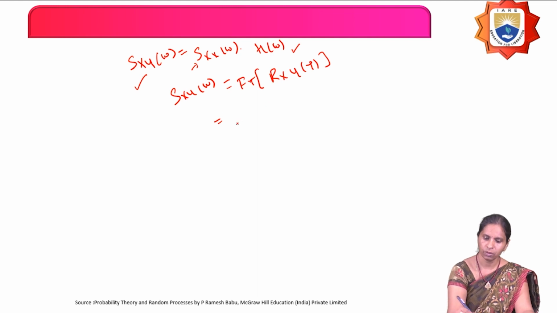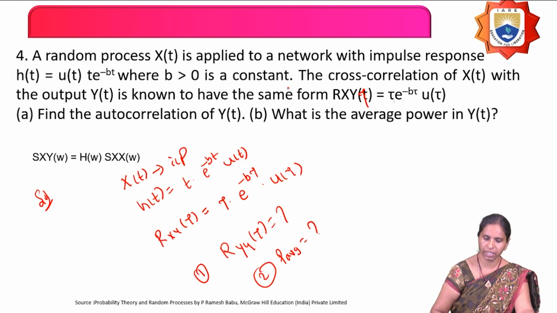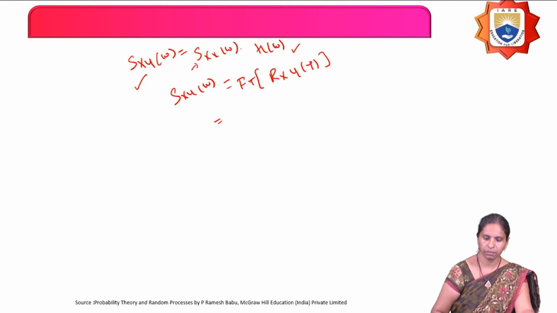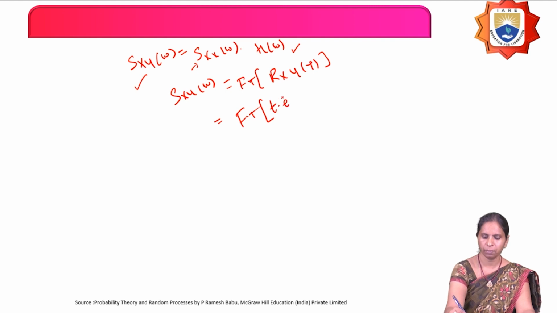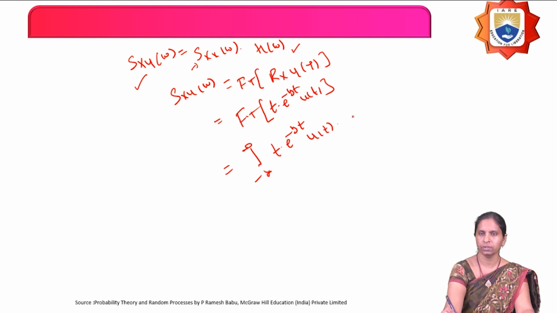Therefore, what is the Rxy of tau they have given? It is the Fourier transform of t into e power minus bt into u of t. So what is the formula here? Integration from minus infinity to infinity of x of t into e power minus j omega t dt.